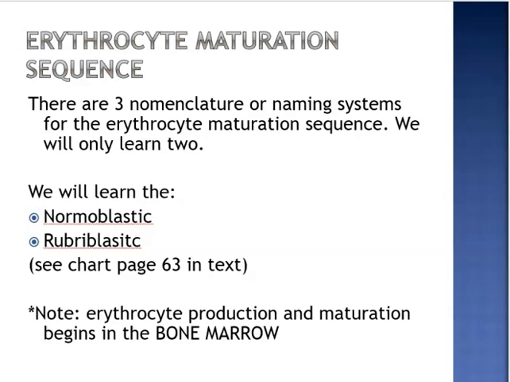I'm sure it's just to make things confusing. We're going to learn the normoblastic and the rubriblastic. You can find a chart on page 63 in your textbook. And erythrocyte production and maturation begins, of course, in the bone marrow.